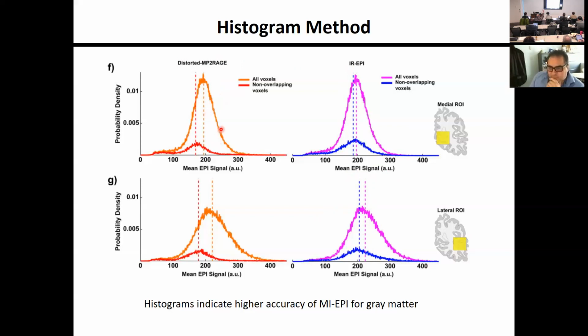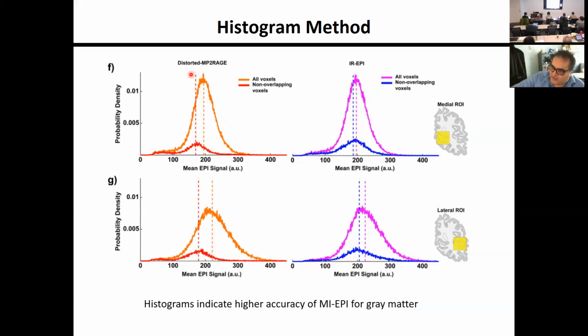Okay. I guess just one quick question. Those are just, the MP2RAGE is distortion corrected to the EPI? Yeah, so we do inverse distortion correction. Usually we would do distortion correction on the EPI and then register to the MP2RAGE.